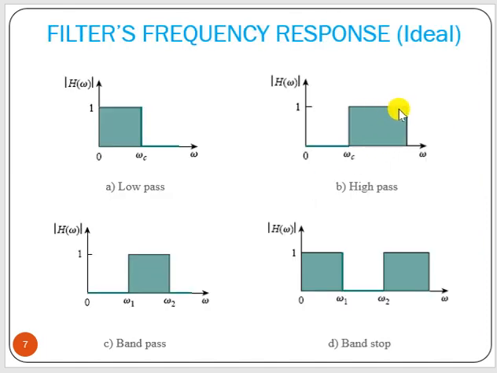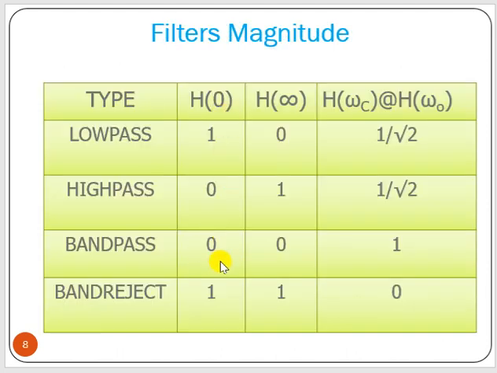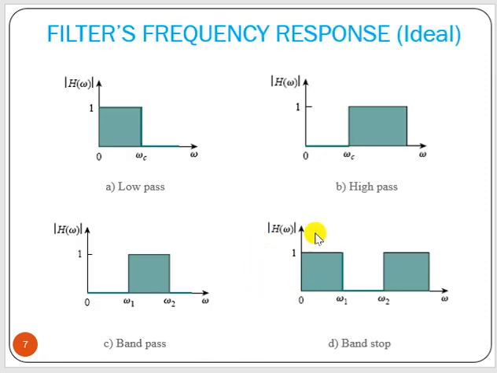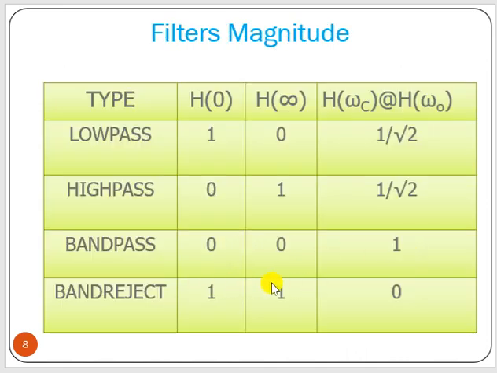For band pass, at 0 and infinity, both are 0. And for band stop, at 0 it is 1, at infinity it is also 1. So we can say 1, 1.